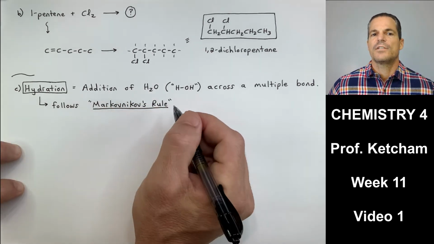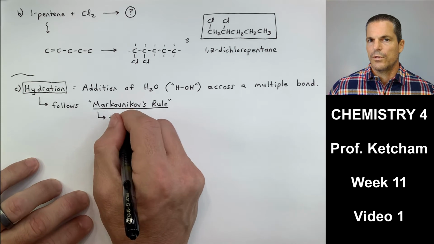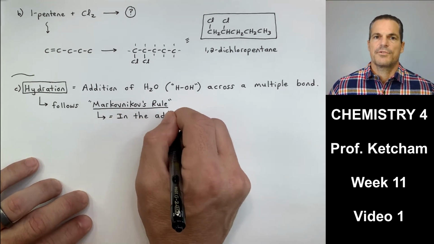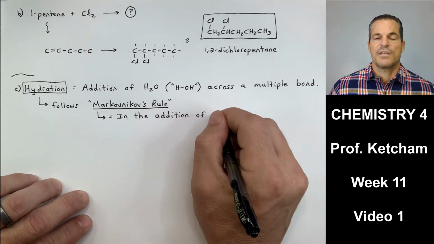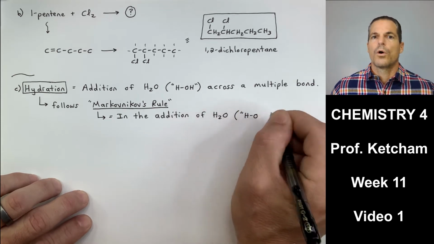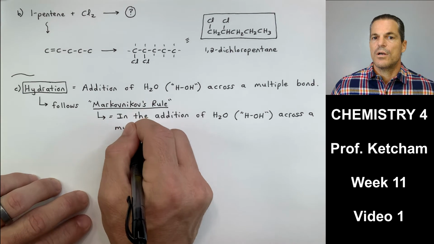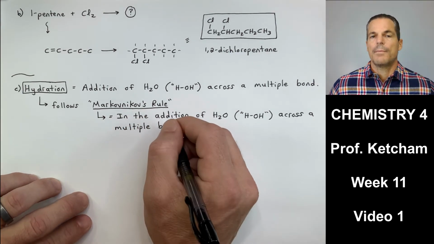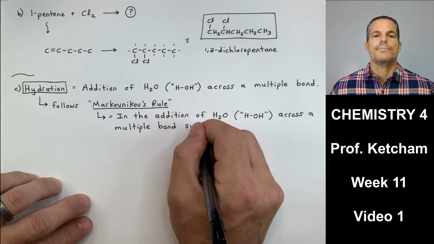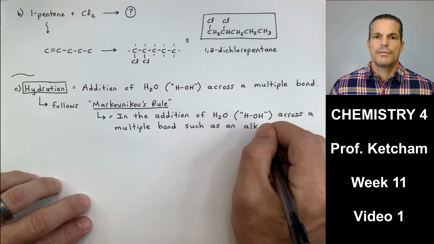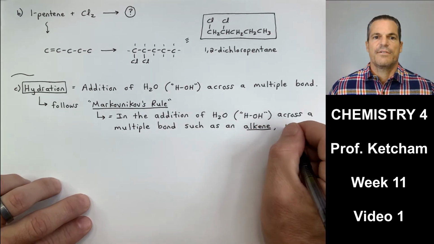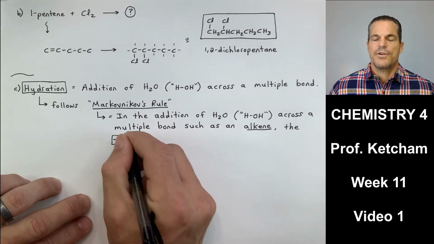Now this follows something called Markovnikov's rule. In an organic chemistry class, we would go into more depth. I'm just going to give you the definition in a workable form. It says, in the addition of HOH across a double bond or a triple bond, such as an alkene or an alkyne even, the H, because you're adding water, right?